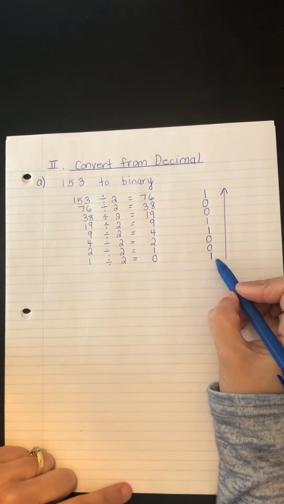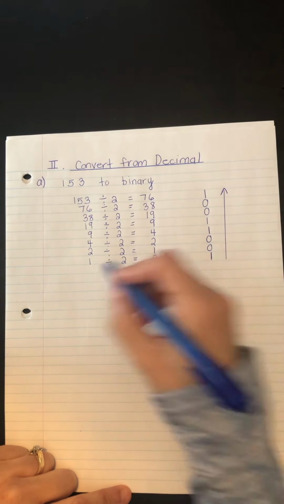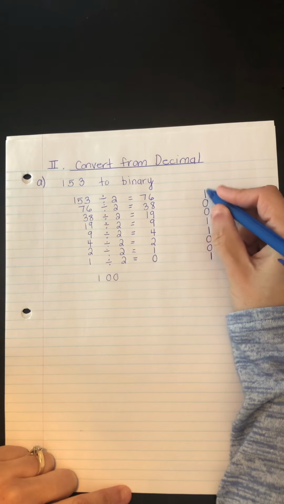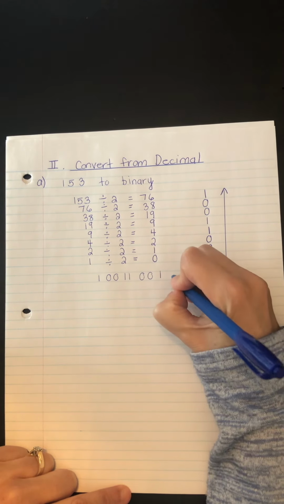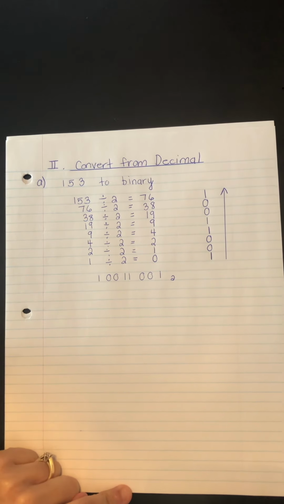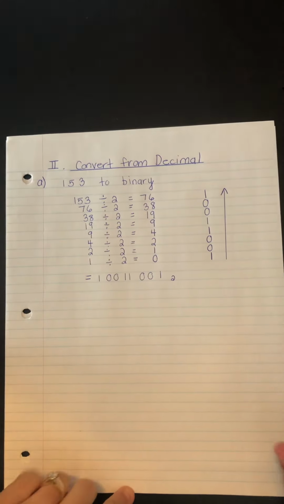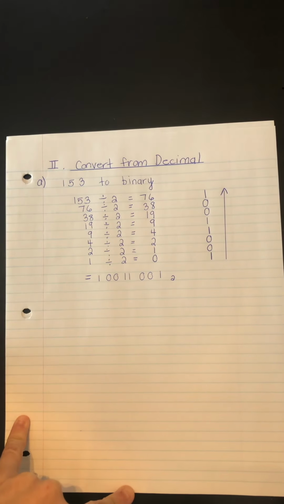So the number we would write down here is 10011001. Okay, and we could put a little subscript of 2 to indicate that we've correctly converted to binary. So this is the binary equivalent of the number 153.